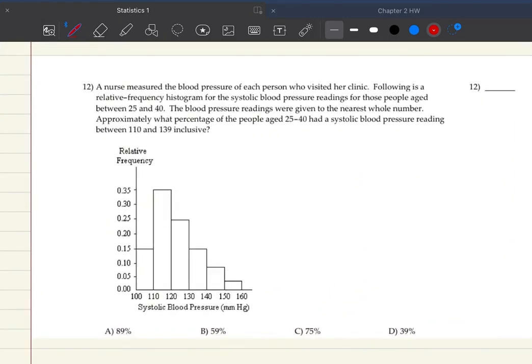If you remember, this chart is called a histogram, because the bars touch each other. So, what percentage of the people aged 25 to 40 had a systolic blood pressure reading between 110 and 139 inclusive?